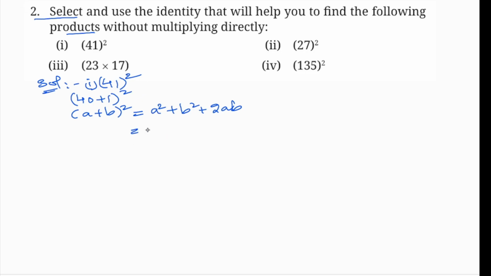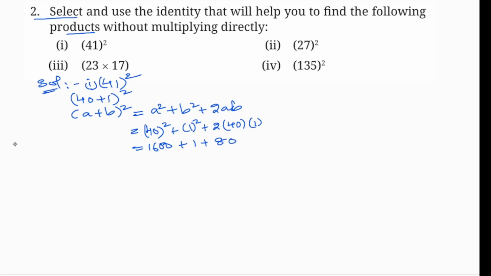Now let us substitute 40 in place of a and 1 in place of b. Okay, so a is 40 and b is 1. 4 square is 16, and for the 1 zero we will get 2 zeros, plus 1 square is 1, plus 2 fours are 8, 80, 81s are 80.